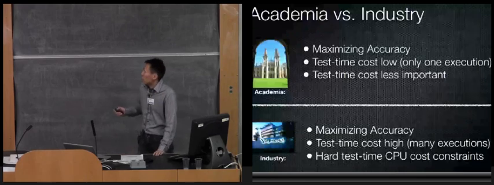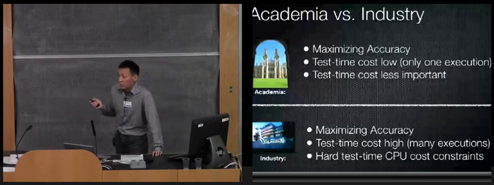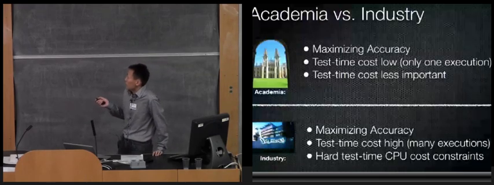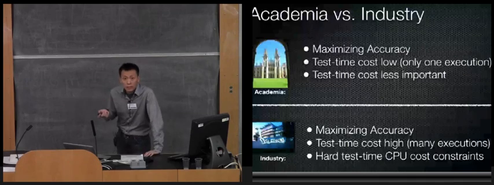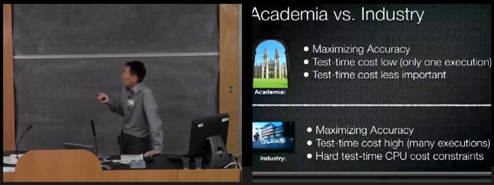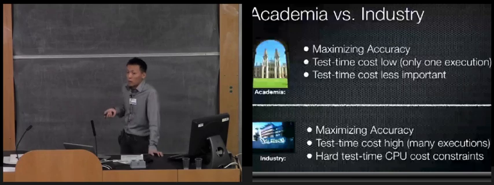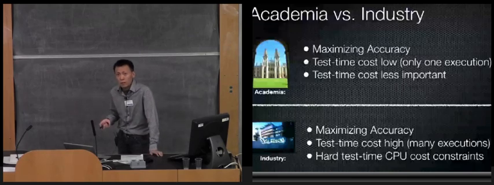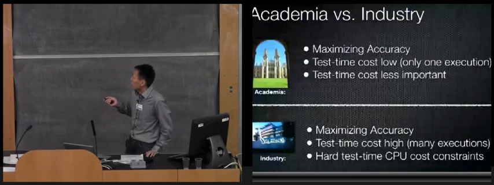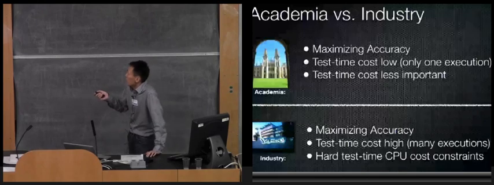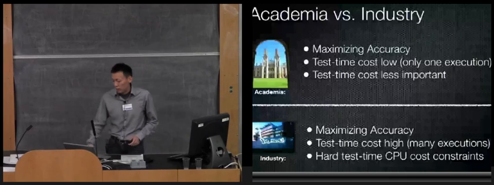Whereas in industry, we still want to maximize accuracy, but now the testing cost is really high because a lot of algorithms are executed millions of times every day, so we have to make sure our algorithm can satisfy hard test-time CPU cost constraints.